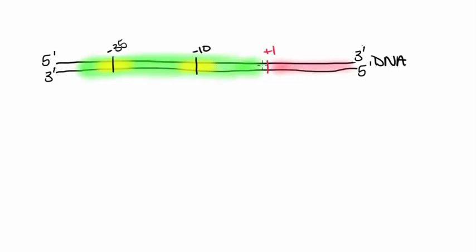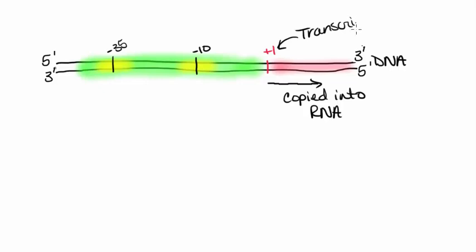First off, I want to emphasize this area shown in red. This is showing us where we're going to actually start copying into RNA. What's shown in red would actually get copied into the RNA molecule. We start transcribing at what we call the +1 site, which is where transcription actually begins, and everything gets numbered according to that.